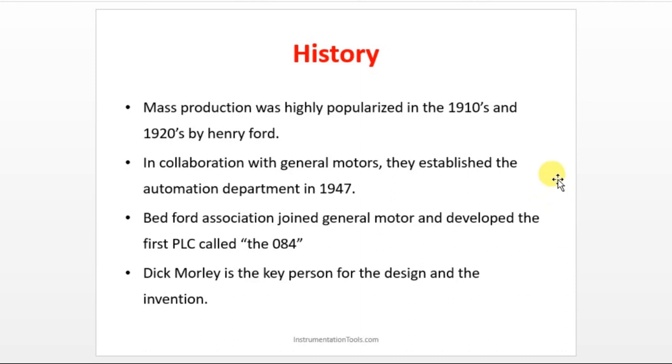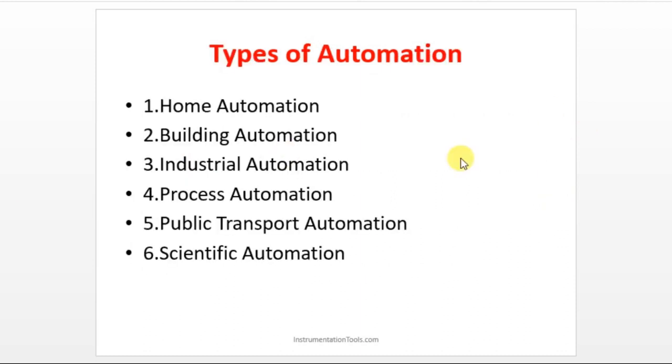And let's move on to the types of automation. As I have already discussed, the devices we use at home come under home automation. The second one is building automation, like the automation we have introduced in buildings, such as elevators, lifts and all.